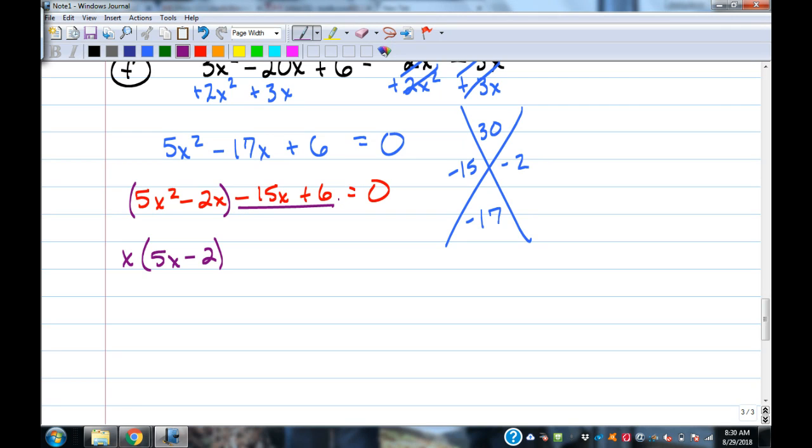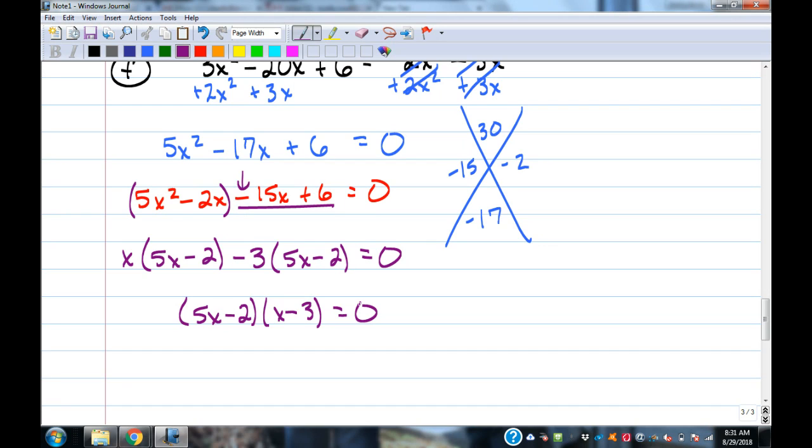And then the second set, what kind of 3? Remember that sign right there tells you to pull a negative 3, and that leaves you 5x minus 2. Factoring is still 5x minus 2 and x minus 3. Those factors are still the same as they were when we did it earlier. Just we started out in a different order.